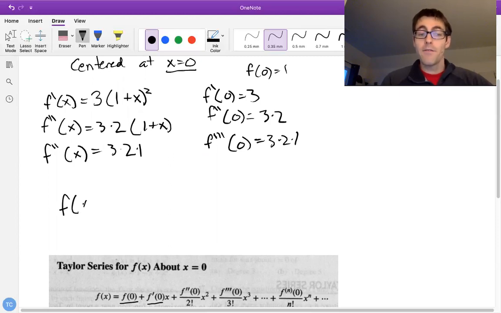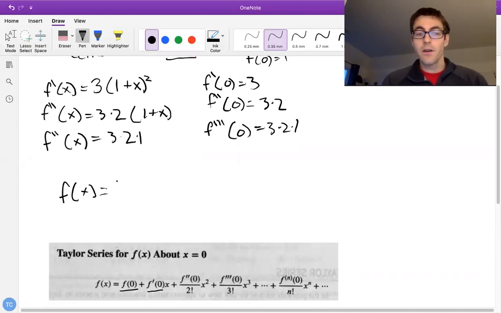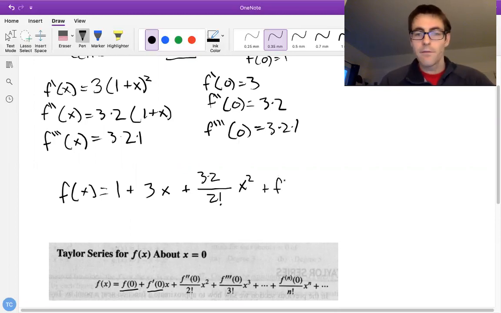Therefore, our function f of x, this thing up here, is equal to f of 0 plus f prime of 0 times x plus f double prime of 0 over 2 factorial times x squared plus f triple prime of 0, which is 3 times 2 times 1 over 3 factorial.